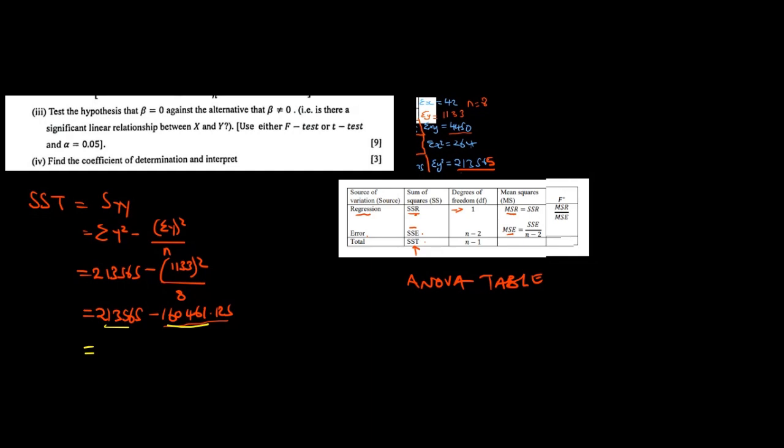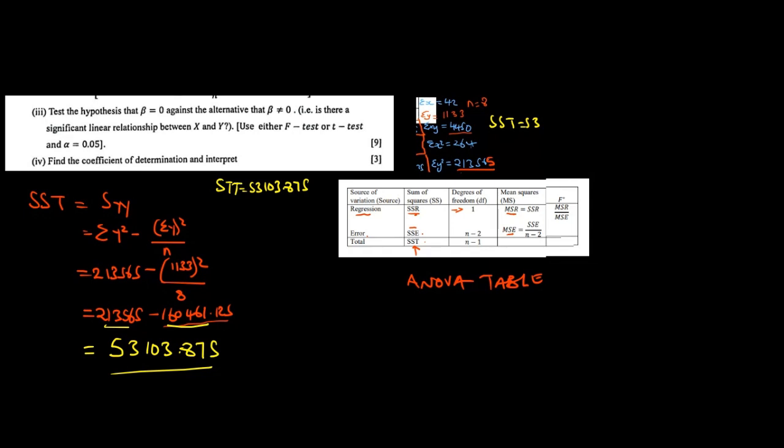From there I'm going to find my SST as 53103.875. So this one here will be my SST. So I'm going to write it somewhere on top here. My screen is not allowing me to write that side, so I'm just going to write it here. So SST will be equal to 53103.875. So that is my SST.